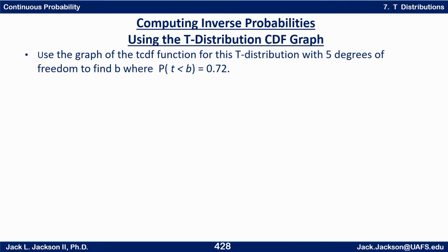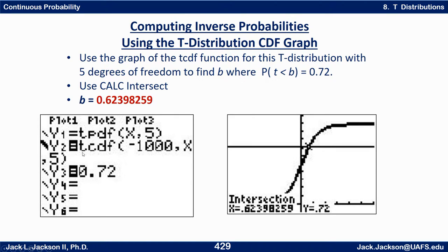Use the graph of the tCDF function with 5 degrees of freedom to find B, where the probability that T is less than B is 0.72. If you remember working with a CDF, once we got the CDF graph, which is what I have here in Y2, I just turned off Y1 for the moment. You put in the probability to the left, which is what they've given us, 0.72, as Y3.